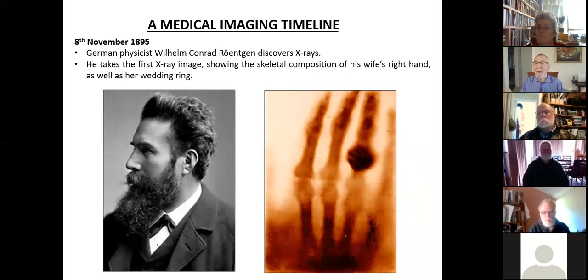Anyway, it happened, we have it, and this is known as the very first X-ray, 1895. So this is really when medical imaging had its beginning, had its genesis, and it's all taken off from there. But you can see, 1895 is not terribly all that long ago. It's comparatively recent. When we talk about history being hundreds and hundreds of years old, this is actually fairly recent in real terms.